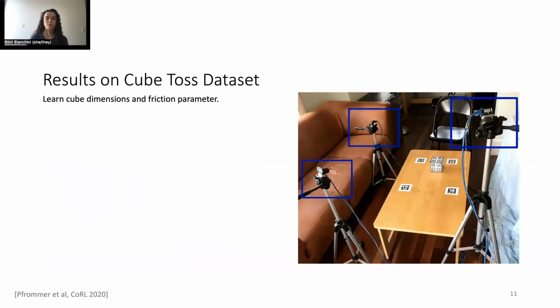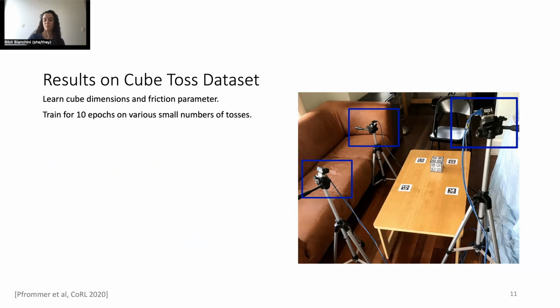So let's see what the results can be between these approaches on an example. Here we use the cube toss data set from the Contact Nets paper, where a three-dimensional real-life cube is tossed and collides with and tumbles on a flat table. And we're trying to learn things like its geometry and its friction.